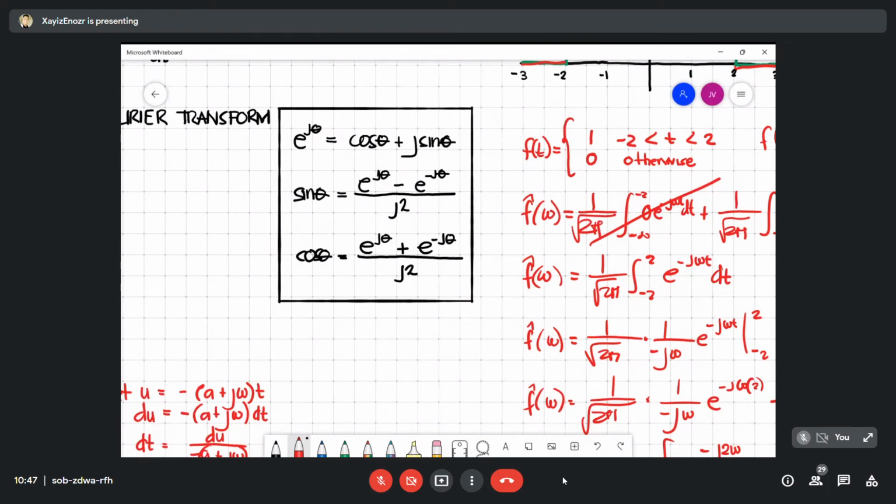Then, from that equality, mahanap natin yung iba pang equality regarding sin theta and cosine theta with respect to complex exponential form. That is, sin theta is equal to e j theta minus e negative j theta over 2j. Then cosine theta is equal to e j theta plus e negative j theta over 2.